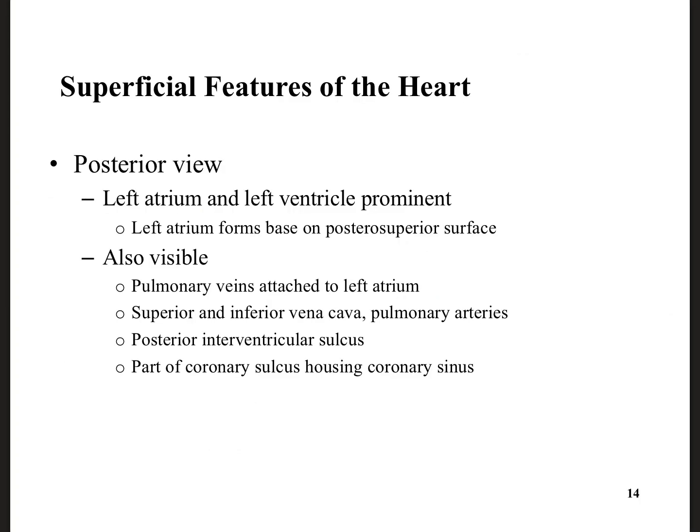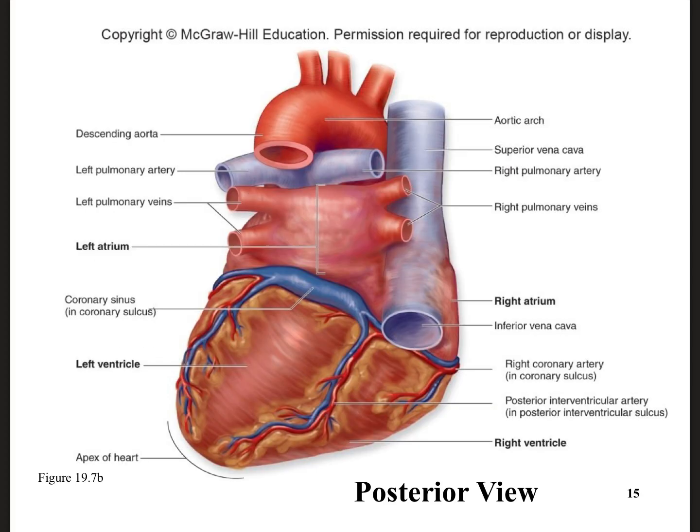On the posterior, we can see a number of different vessels, right? Similar to the ones that we saw in the front. So we're going to have coronary arteries. We're going to have cardiac veins, which bring blood from the heart back to the most prominent feature, which is the coronary sinus.